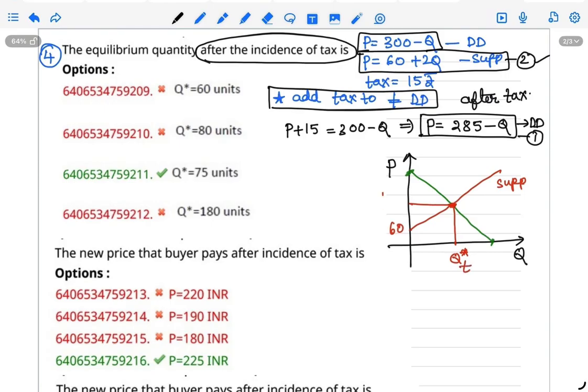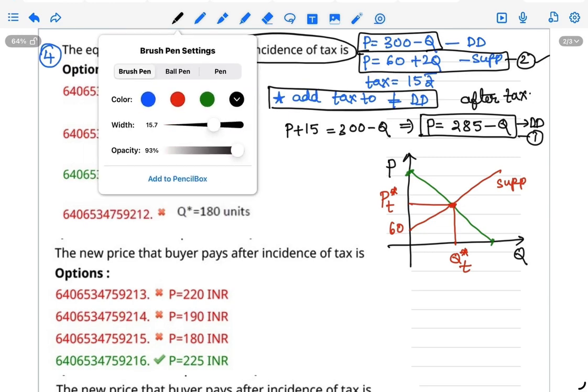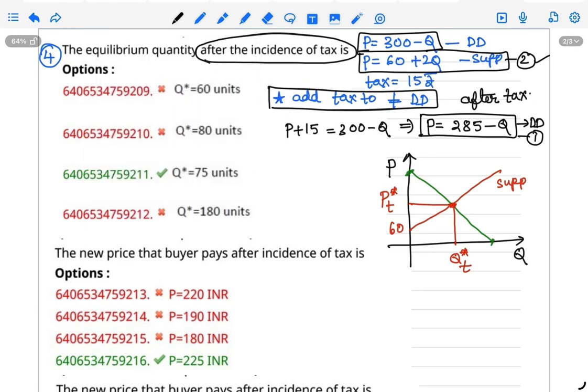You can find it this way, or directly without drawing all this: equate the supply and demand functions. 60 plus 2Q equals 285 minus Q, so 3Q equals 285 minus 60.